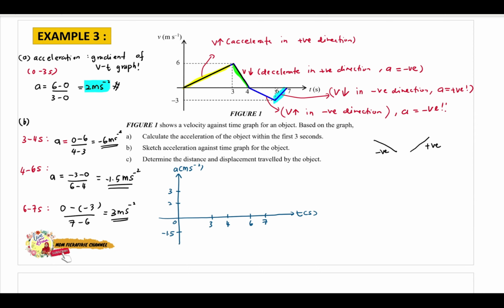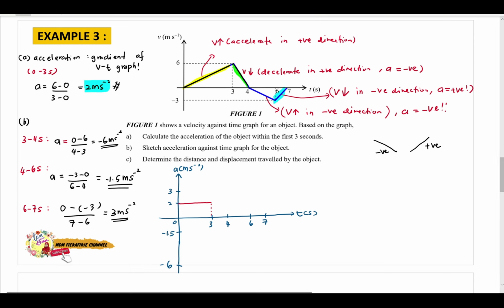Okay, you lukis lah elok-elok guna pembaris. Okay, so kita ambil lah kita punya pembaris, ruler awak. So from 0 to 3 second, it is 2 meter per second squared. Okay, and then this is a dotted line.